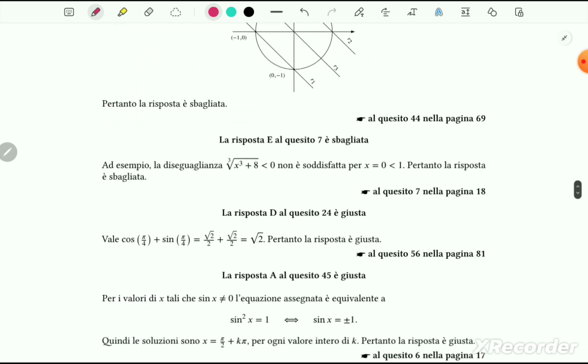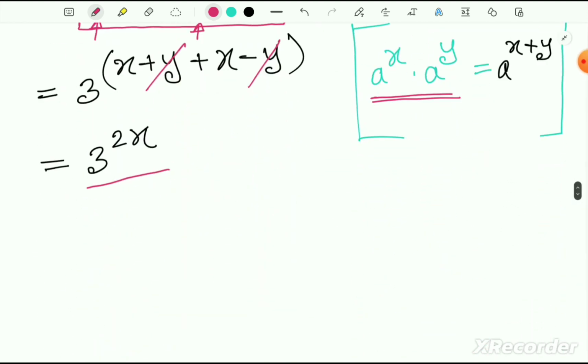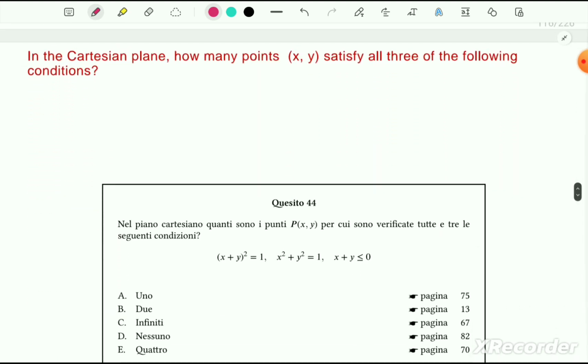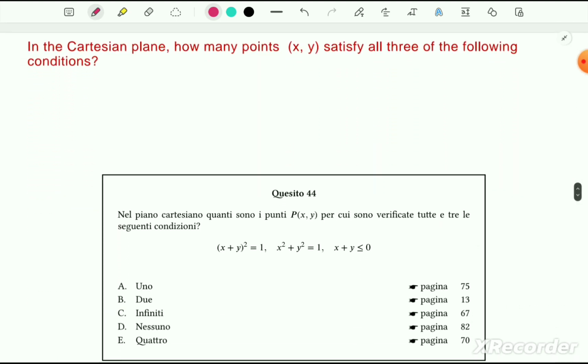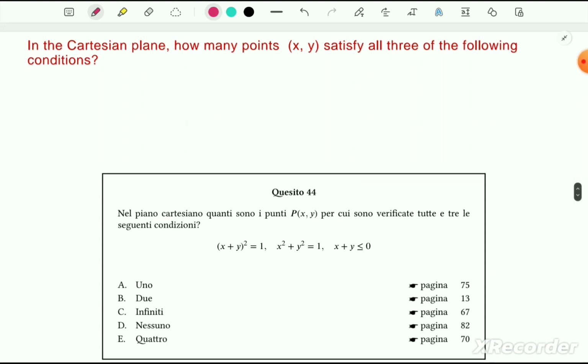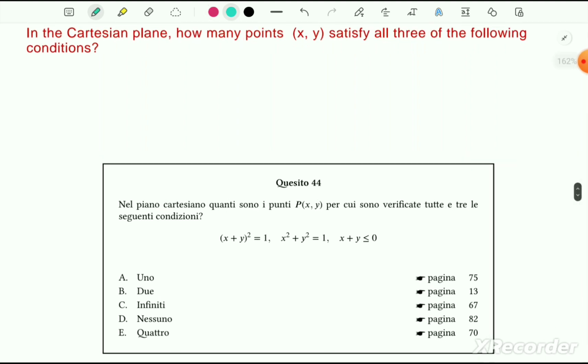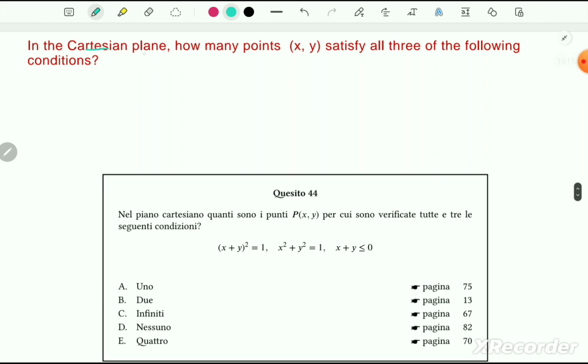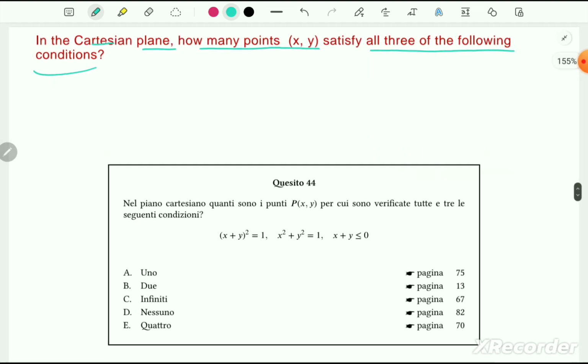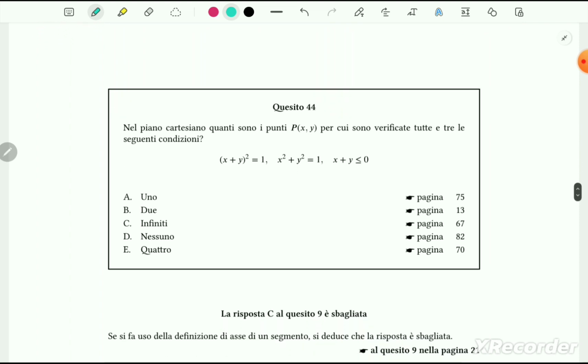Next question, let's move on. This is our question number 44. In the Cartesian plane, how many points (x, y) satisfy all three of the following conditions? So we have three conditions: condition number 1, condition number 2, condition number 3.